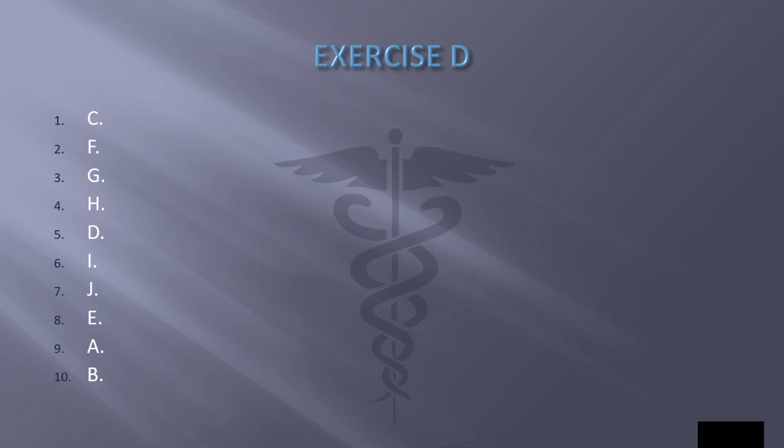Number 8. Duodenal is E. Pertaining to the first part of the small intestine. 9. Esophageal is A. Pertaining to the tube leading from the throat to the stomach. And 10. Gastralgia is letter B. Pain of the stomach.